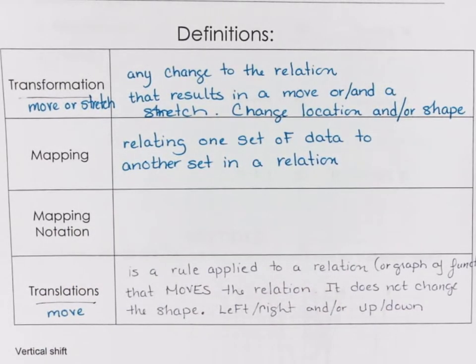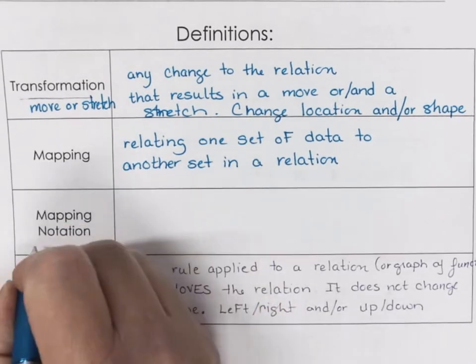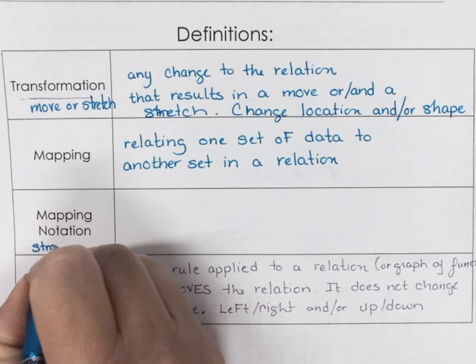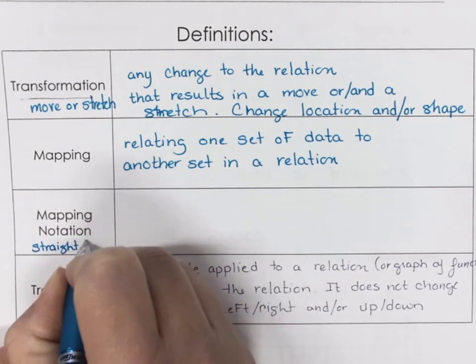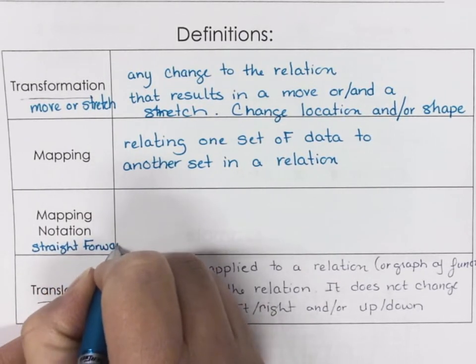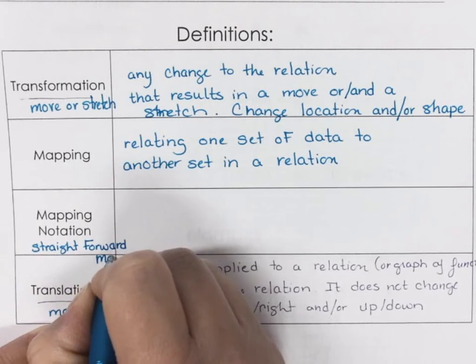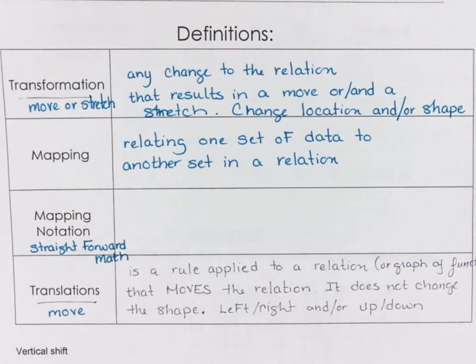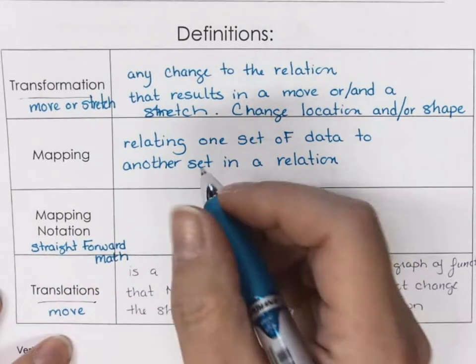Mapping notation is just a way to express that. And I really like mapping notation because it's the straightforward math.